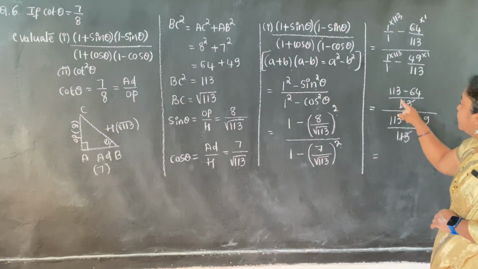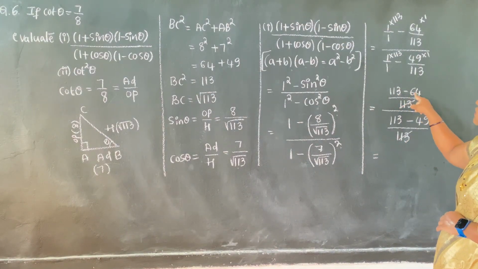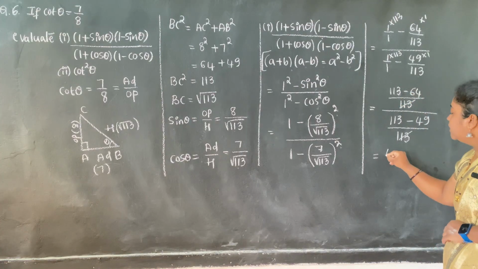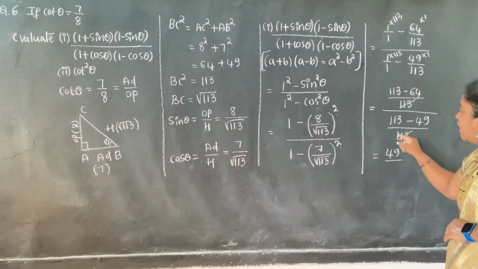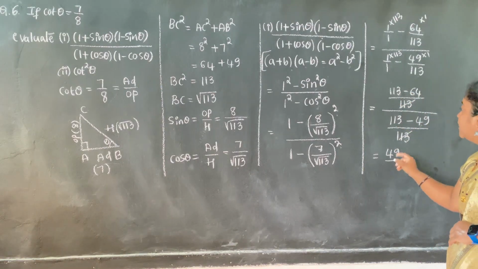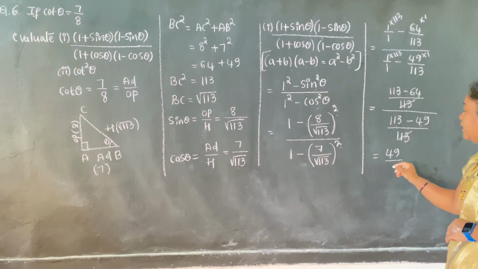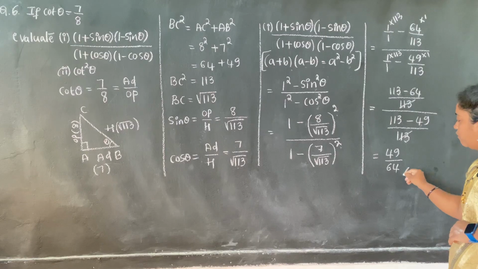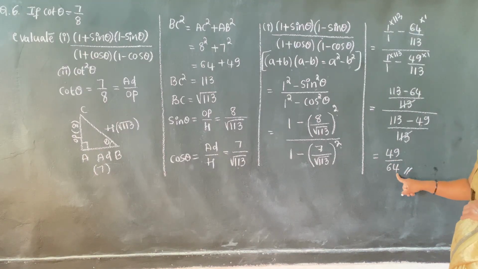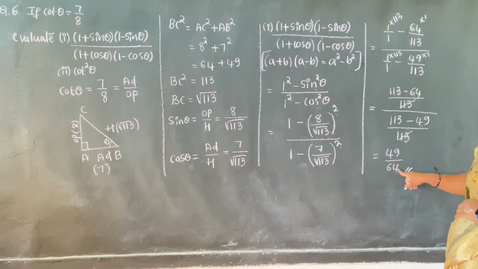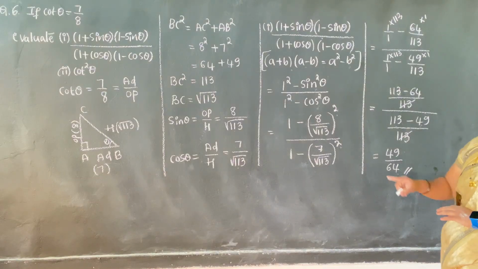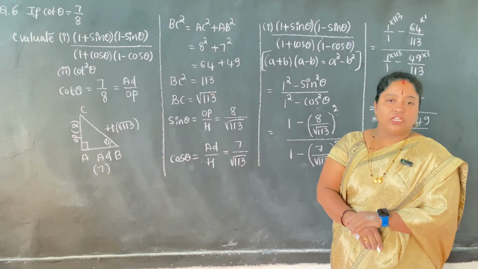And I'm left with 113 minus 64. Just subtract it, you will be getting 49. 113 minus 49, you will be getting 64. And the answer is 49 by 64. So this is the answer for the first evaluation question.